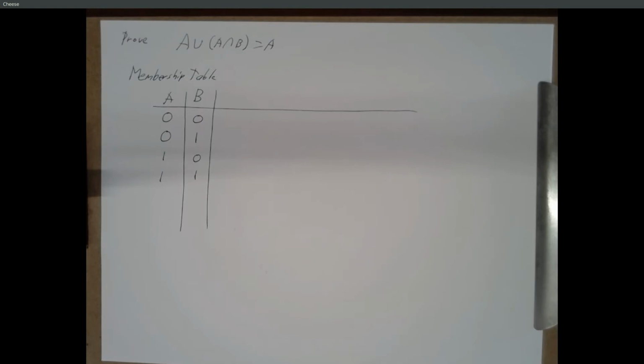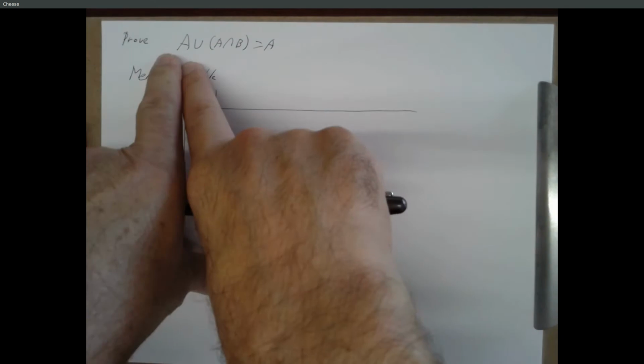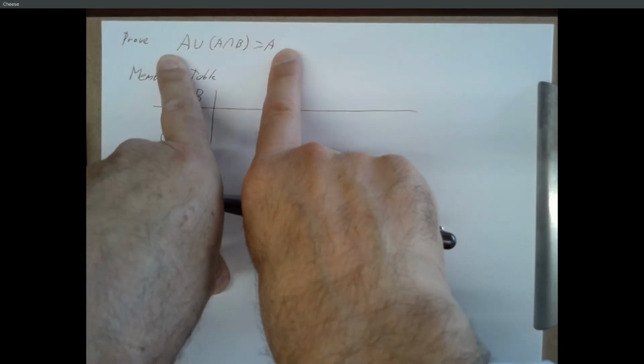Right, there's only 4 possible combined situations. Because for A it's either a member or not, for B it's either a member or not. So any element you pick, exactly one of these 4 conditions will be true. So if I can prove that in each of these 4 possibilities this identity holds, then I've proven that this is always true.